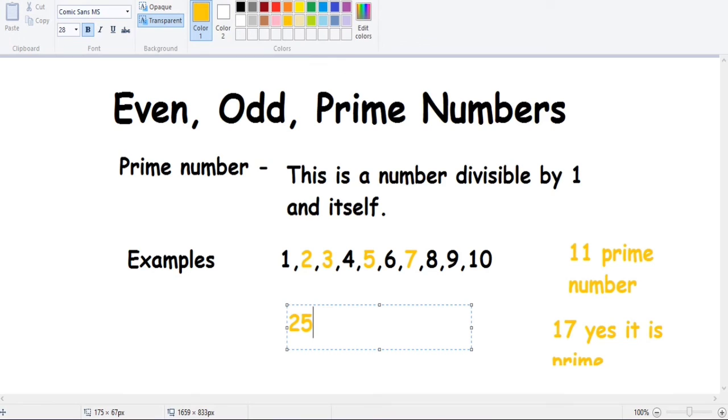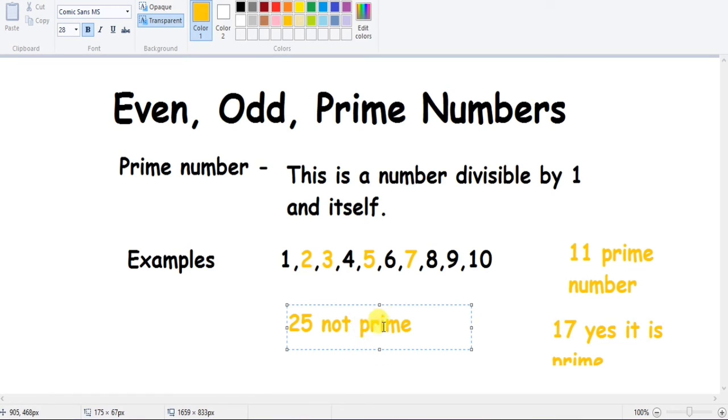Do you think 25 is a prime number based on what we've discussed? No, 25 is not a prime number, because it can be divided by 1, by 5, and by the number itself. So this makes it not a prime number.